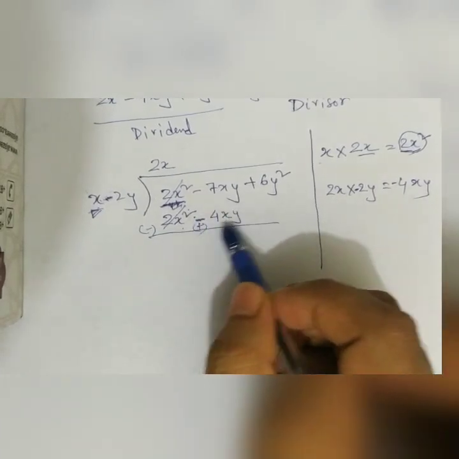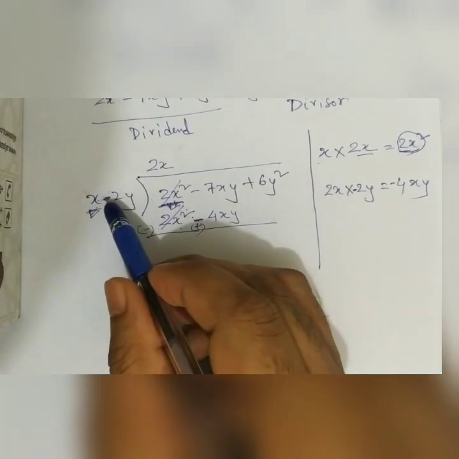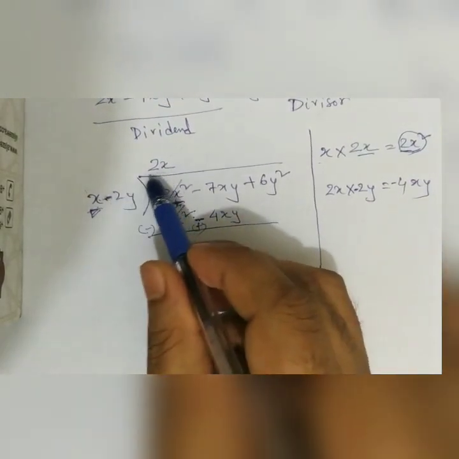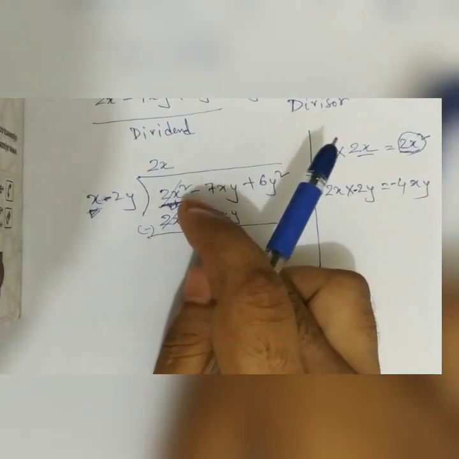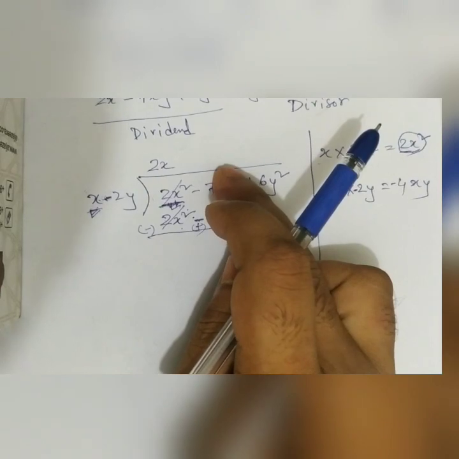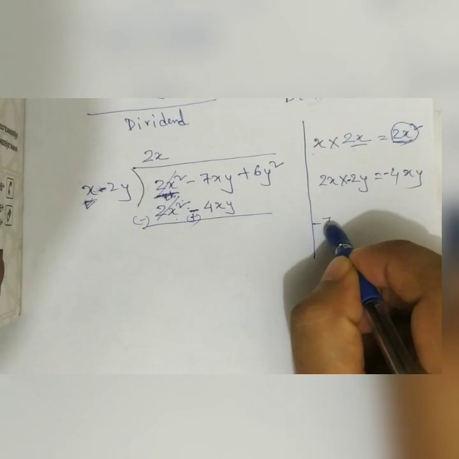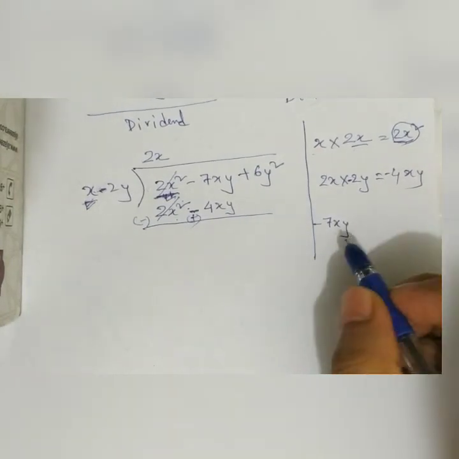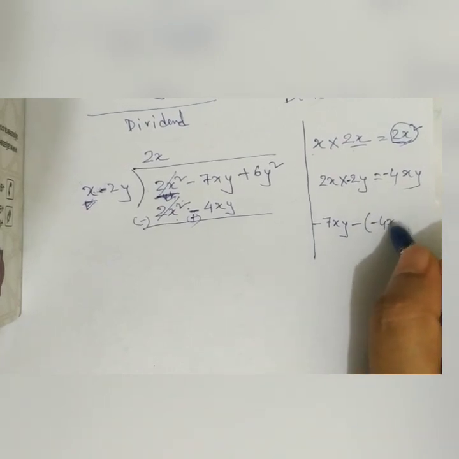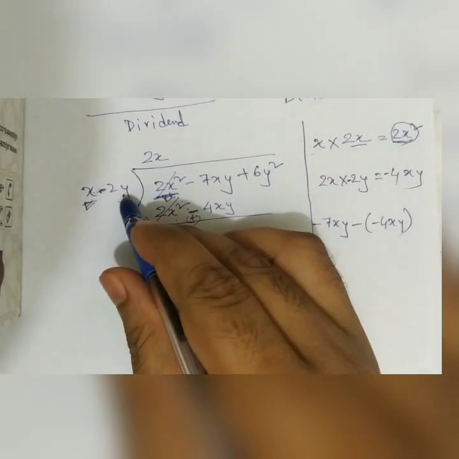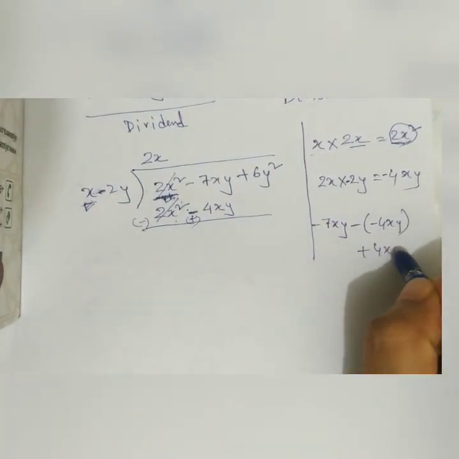So this becomes plus 4xy. I'm just writing it for you to get clear. Minus 7xy, we are subtracting, this is the subtracting sign, and this is minus 4xy, which I got by multiplying minus 2y and 2x. So minus minus, what does it become? Plus 4xy.